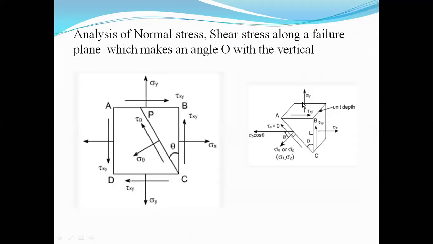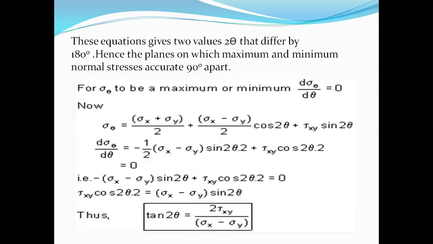We use this same formula and find the derivative with respect to theta, which is sigma x minus sigma y by 2 into, this is a constant, the derivative of cos 2 theta, which is minus sin 2 theta into 2, that is minus 1 by 2 into sigma x minus sigma y by 2 into sin 2 theta into 2.